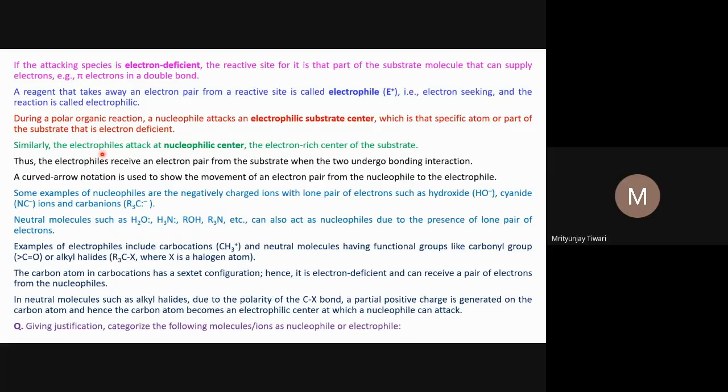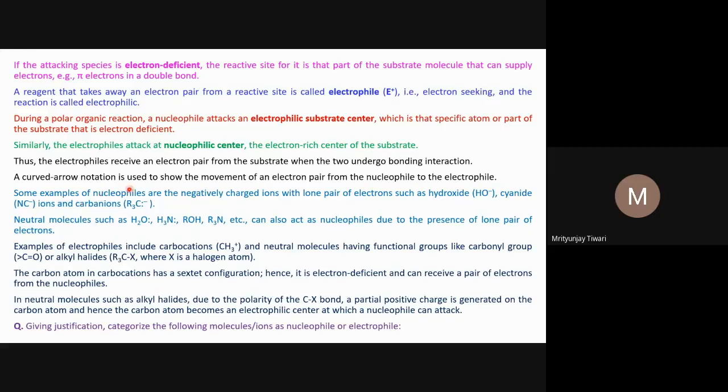So the electrophiles attack the nucleophilic center, the electron rich center of the substrate. Thus, electrophiles receive an electron pair from the substrate when the two undergo bonding interaction.